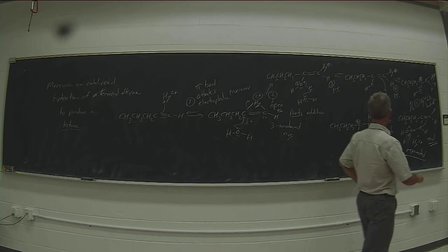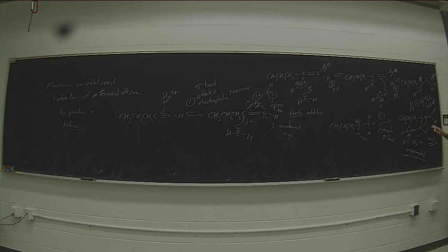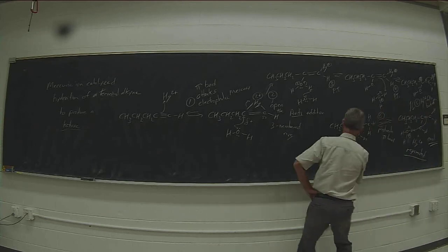The only difference between step 6 and step 4 is whether you have a mercury plus sticking on the terminal end or another hydrogen, right? It's still a pi bond with an OH group on it attacking hydronium ion to generate a resonance stabilized carbocation.